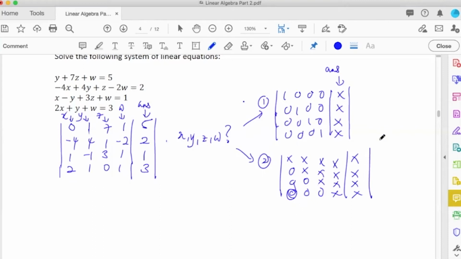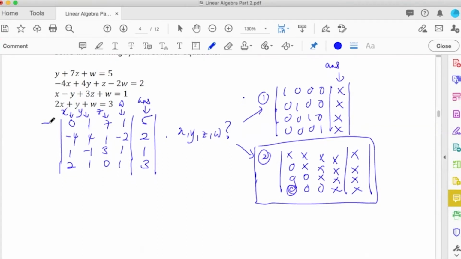Okay, so let's start with method 2, and we will see how to get x, y, z, and w. That row is our row 1. We have row 2, row 3, and row 4.